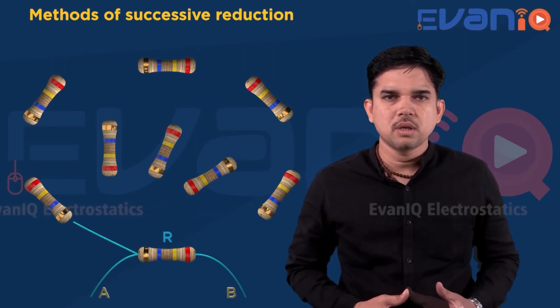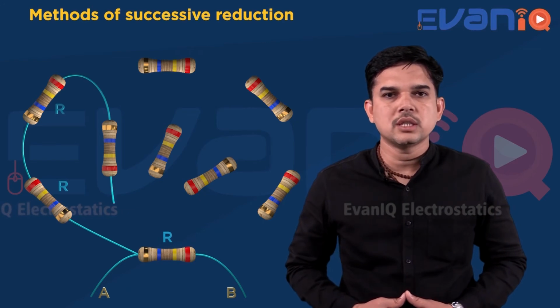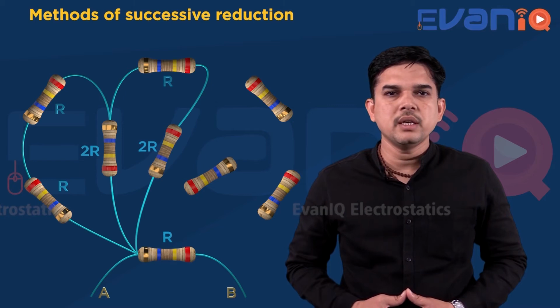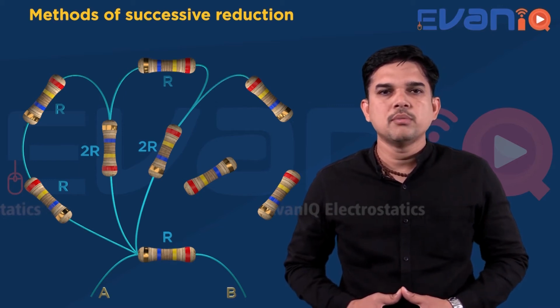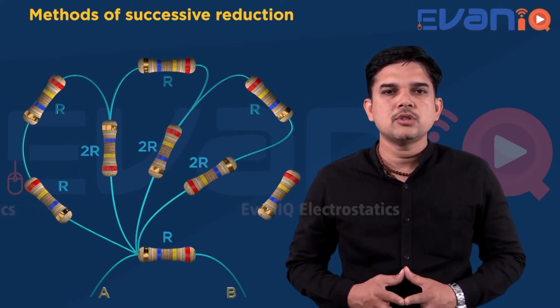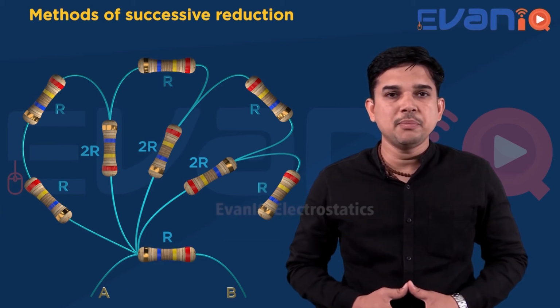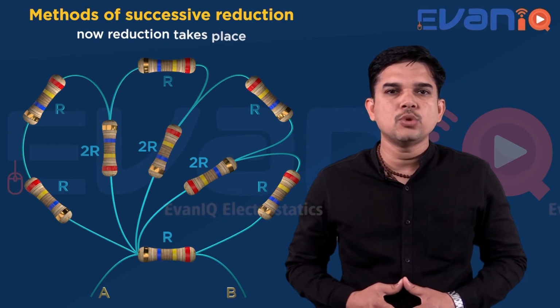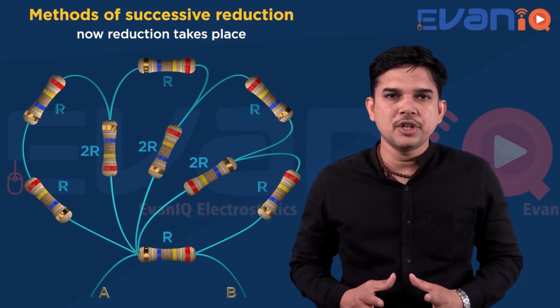We will start from the left side. These two resistors are in series combination. That's why the equivalent will be R equal to R1 plus R2, meaning R and R is 2R. Then we can replace these two resistances with a resistance of value 2R, and our circuit will reduce.